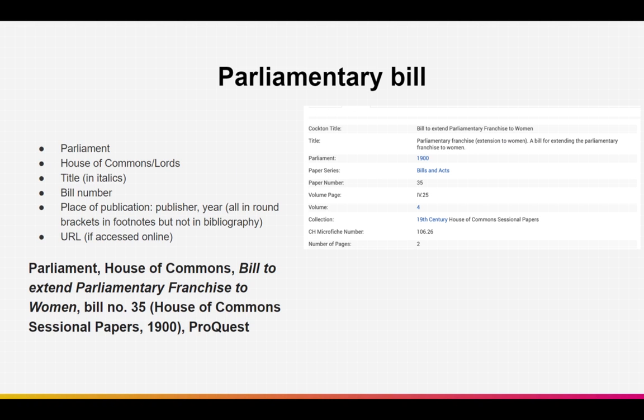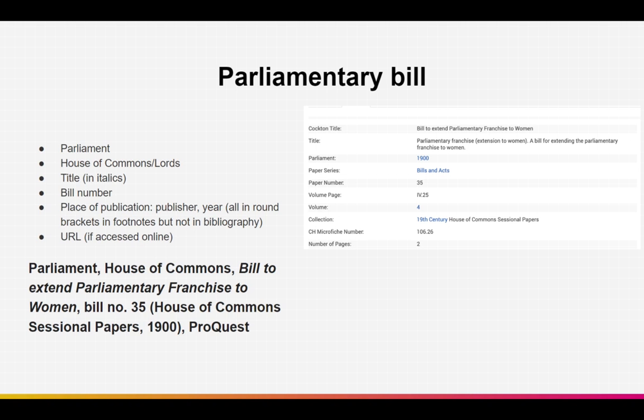We'll want to include the title of the bill in italics, and so you've got the title up here. If possible, you want to include the shortened title because some of the bill titles can get quite long. And under paper number, we see 35, and so we'll include that for the bill number.